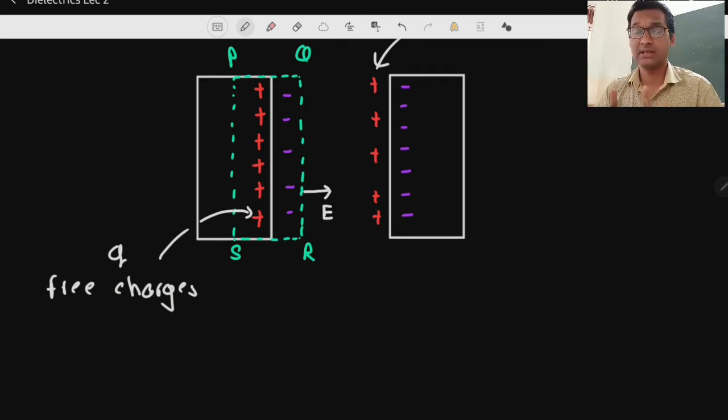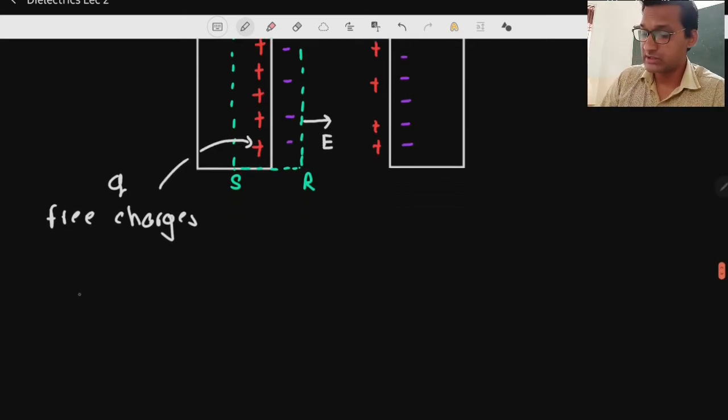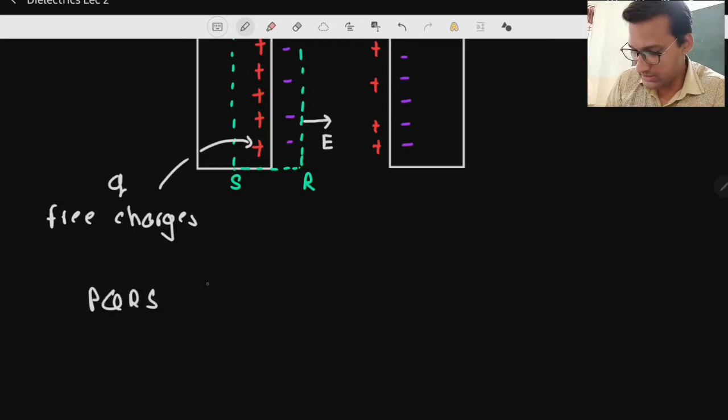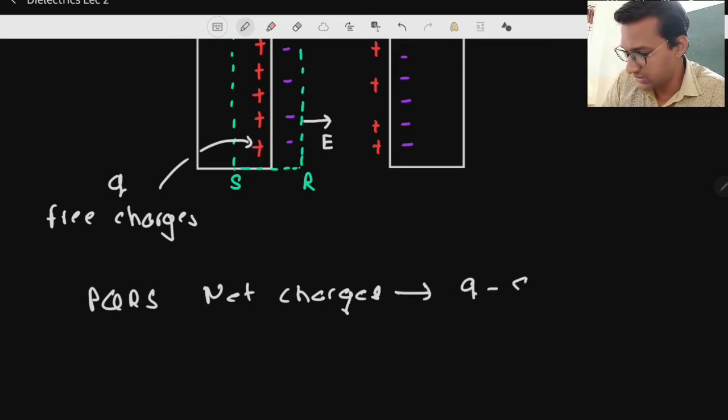Again we will consider the same closed surface, PQRS. The electric field will change now because we have introduced a dielectric medium. The net charge inside PQRS is also different. The net charge inside this surface is Q minus QP.